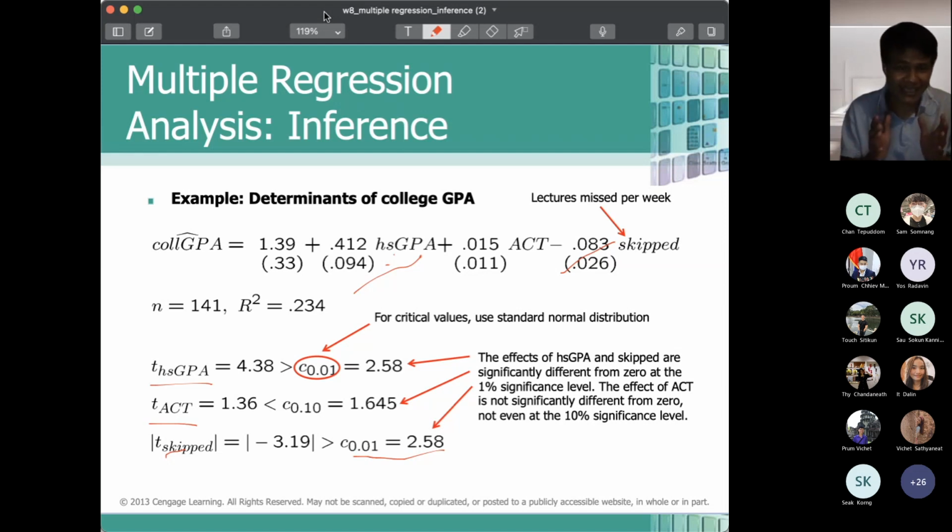So the key message, the takeaway for today, is how to compute t, how to read the critical value, compare t with the critical value, and whether you accept the null hypothesis or reject the null hypothesis. The null hypothesis always starts with no effect, equals 0.